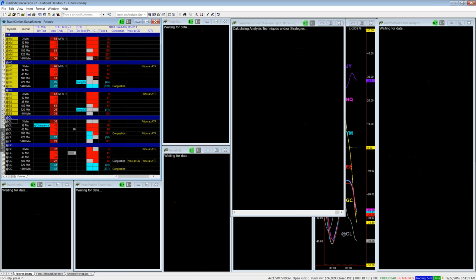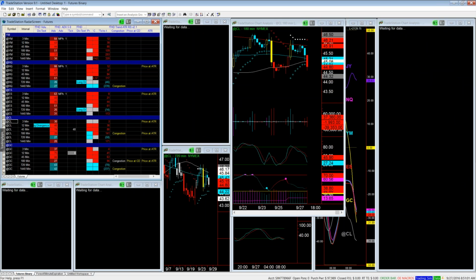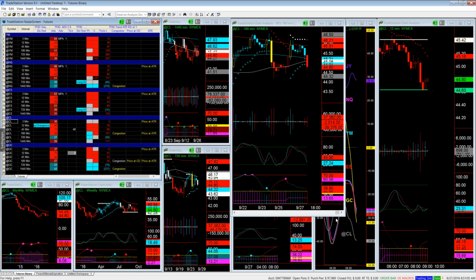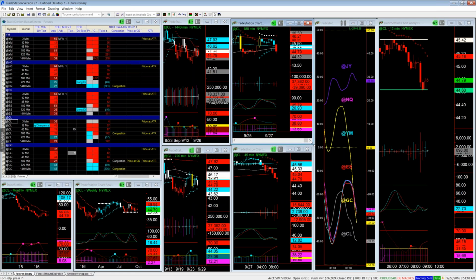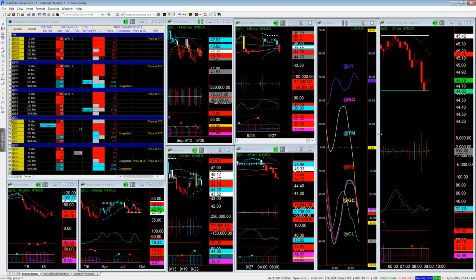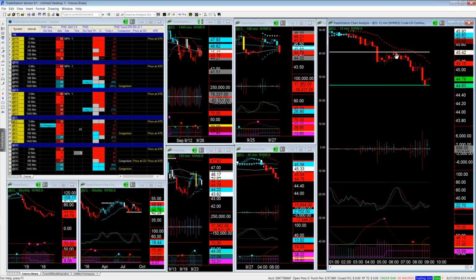Let's see what crude's doing. Crude actually came back and tested the pivot line here. Basically the same setup, just a different time frame. There's your lower highs in price and higher highs in the stochastics, hidden divergence, okay?